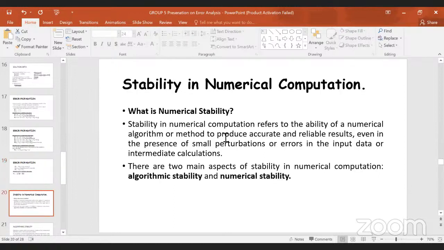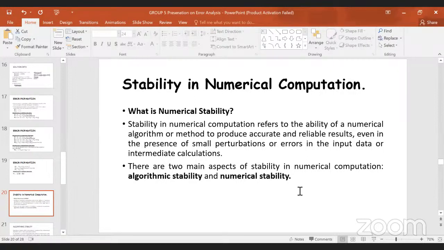Then we move to what is called stability in numerical computation. What is numerical stability? Stability in numerical computation refers to the ability of a numerical algorithm or method to produce accurate and reliable results, even in the presence of small perturbations or errors in the input data or intermediate calculations.